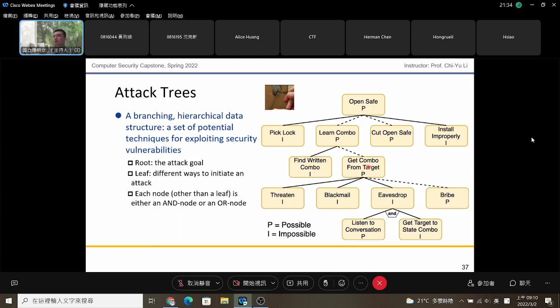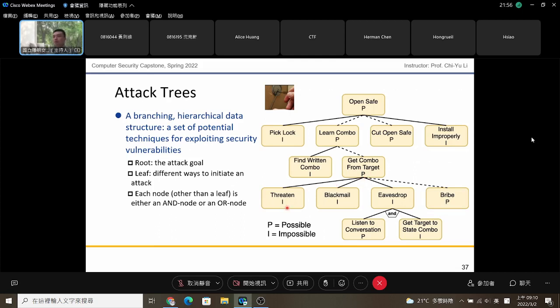And another way is to get combo from target. Then it is possible from the owner himself. Maybe the combo code can be spoken out by the owner. So it is possible.